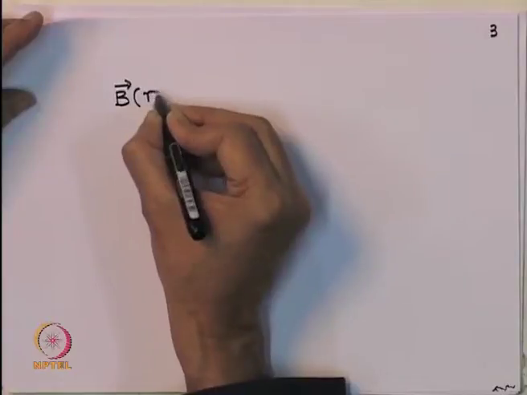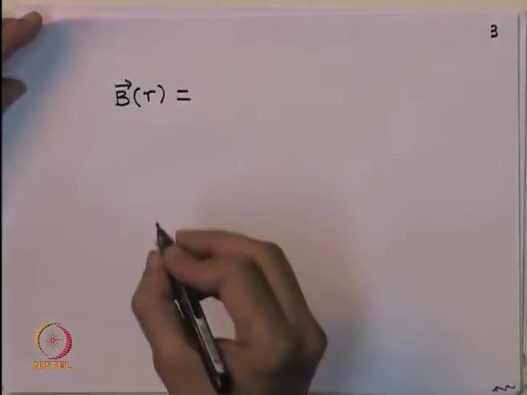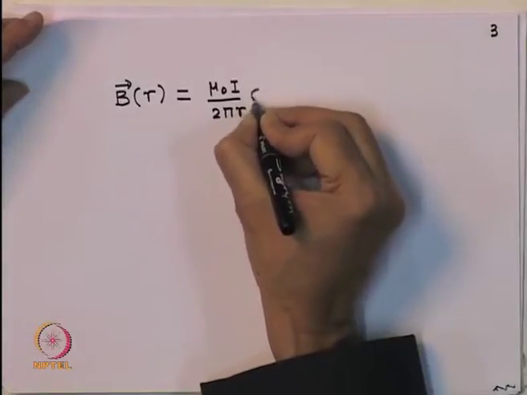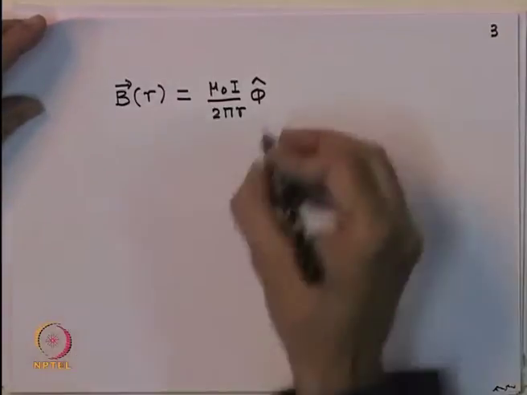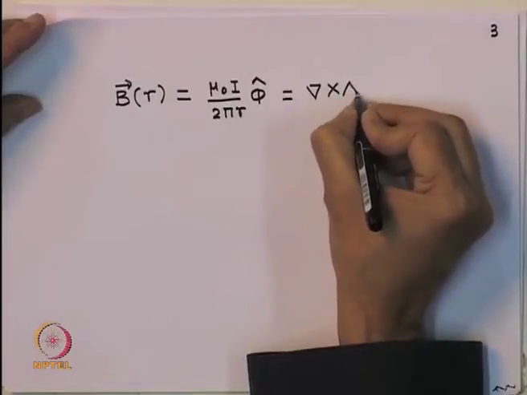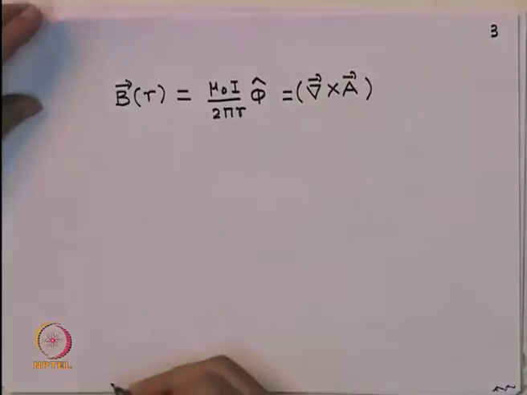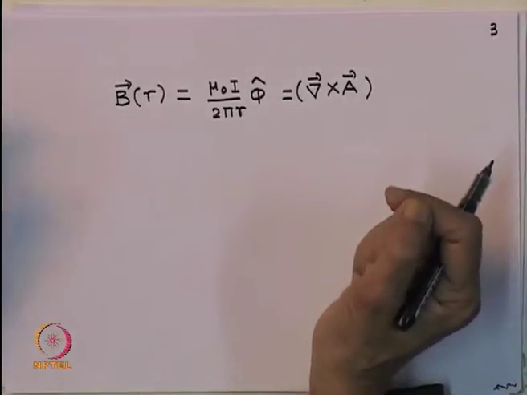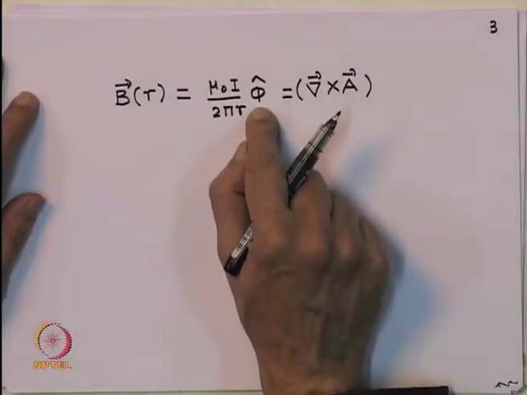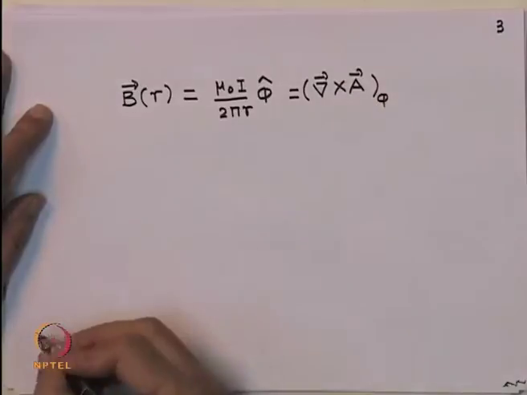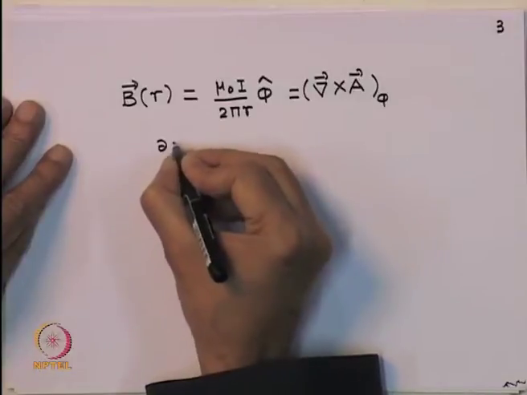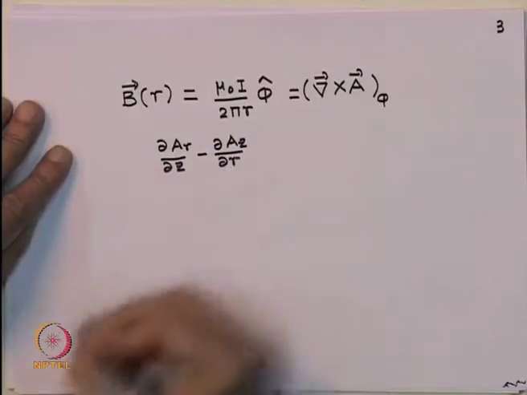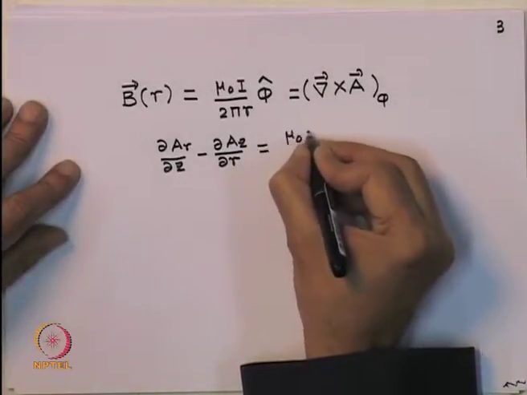I know by Ampere's law the field at the point r is given by mu 0 I by 2 pi r in the azimuthal direction, that is the direction phi, and this quantity is del cross A. So, I notice this is only in the phi direction, and if I use the cylindrical symmetry, then I can get the phi component of this, which is given by dA_r by dz minus dA_z by dr, and this quantity is equal to mu 0 I by 2 pi r.